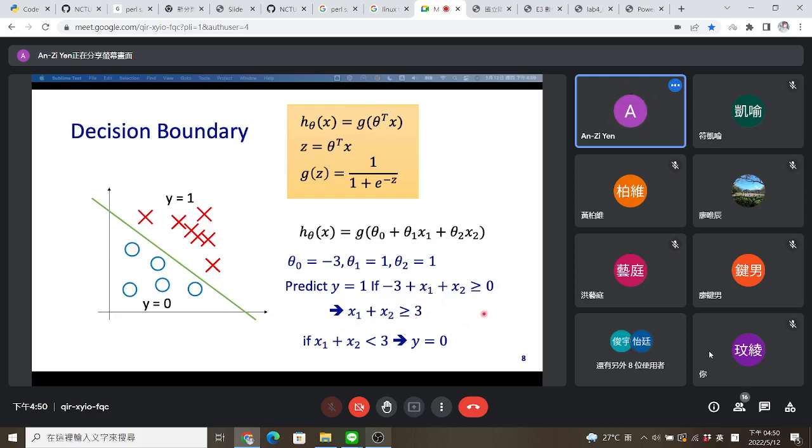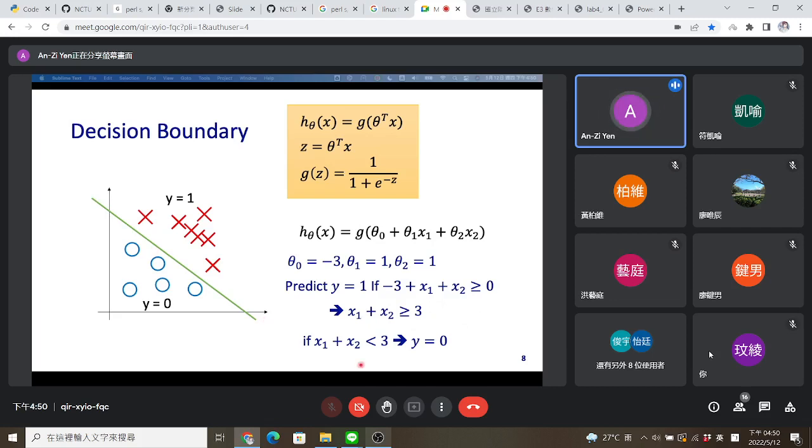To see what this means on this figure, if we write down these equations, this defines the equation of a line, and I draw here, for example, this green line.